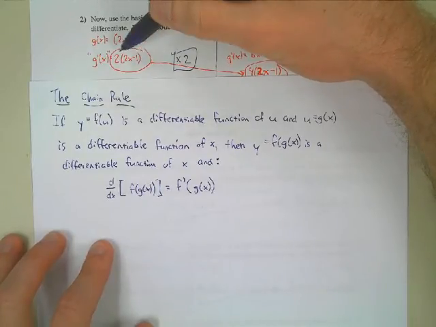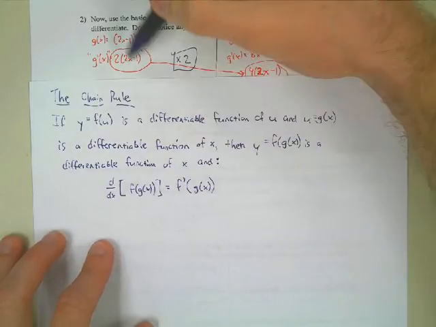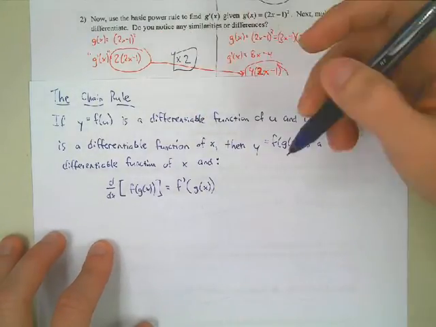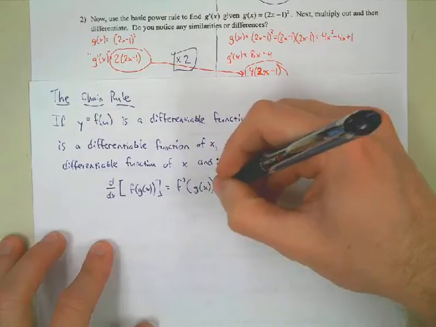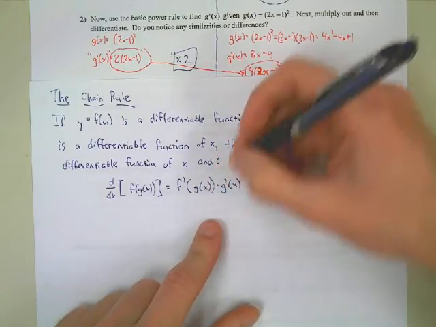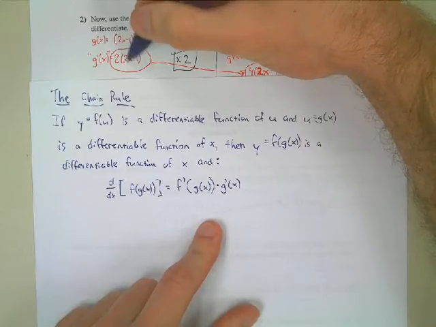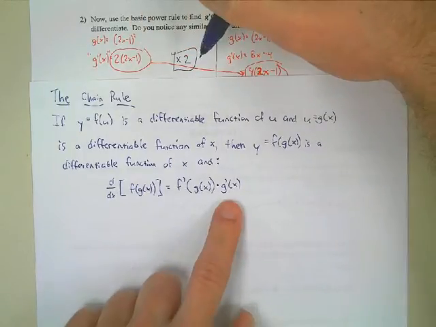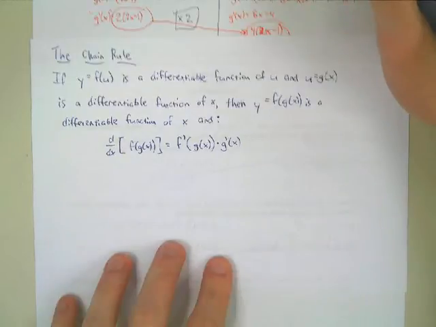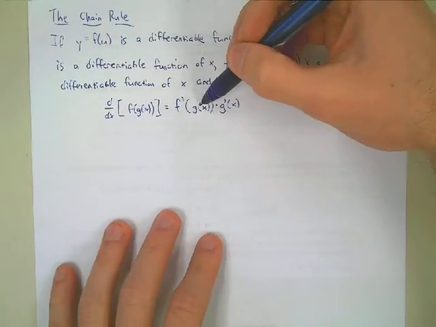So we just took the derivative of the outermost piece. We left what was inside alone, 2x minus 1, but then we have to multiply by the derivative of what's inside. So here we had to still multiply this derivative by the derivative of what was inside, so another 2. Okay? So it's the derivative of the outermost layer, leaving what's inside alone, times the derivative of what's inside.